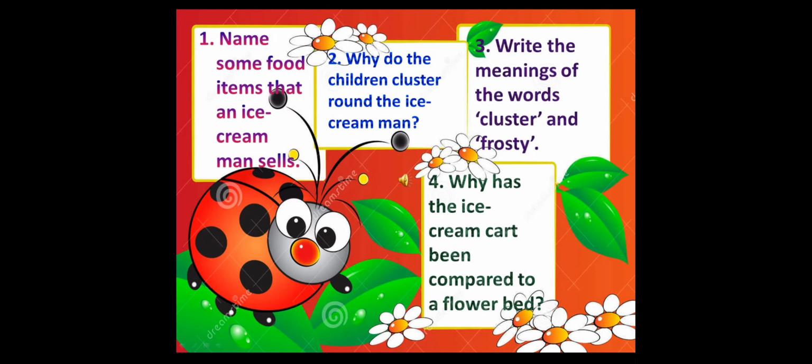And number 4 is, why has the ice cream cart been compared to a flower bed? So these are very easy questions. I hope you'll face no difficulty in answering these. And even if you do, then there are two things that you can do about it. You can either read the chapter very well, thoroughly, and also you can once again watch this video.